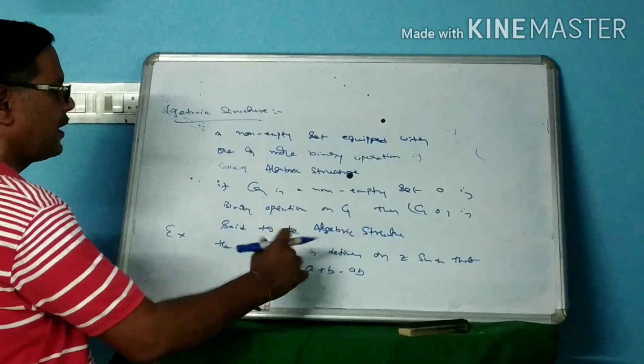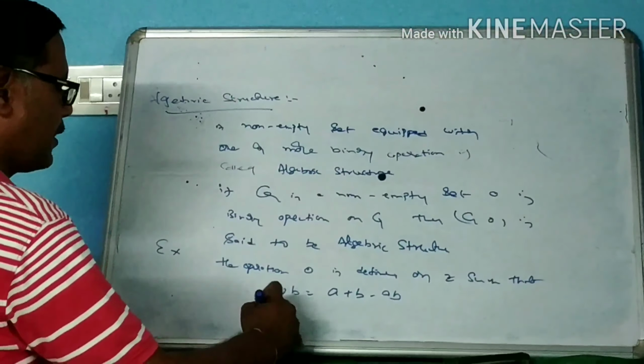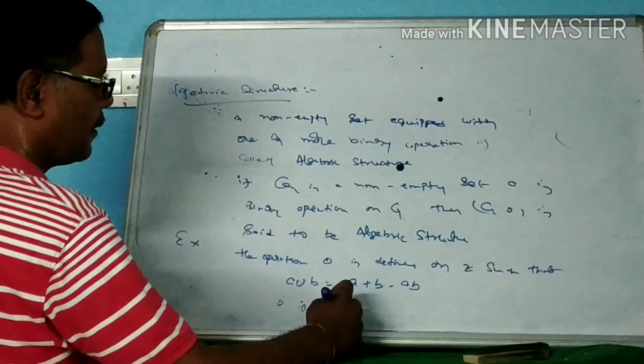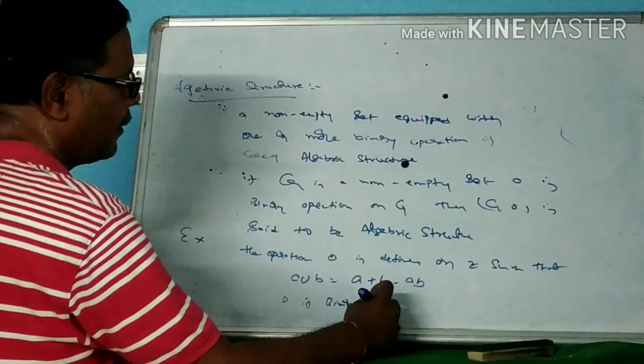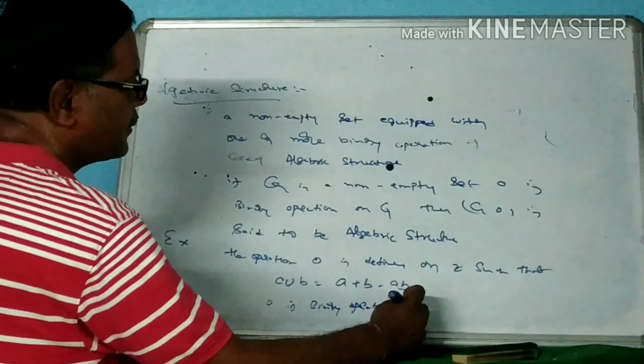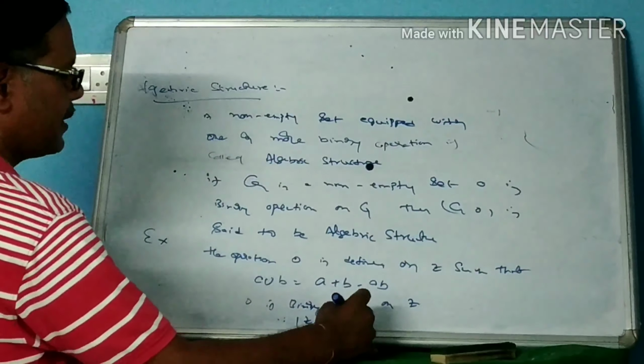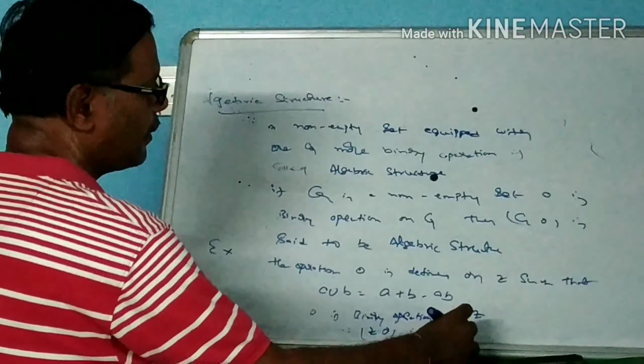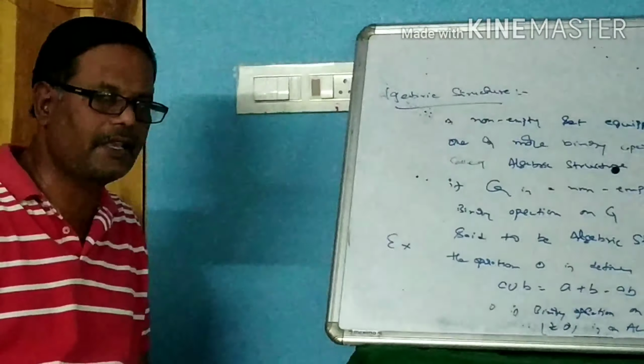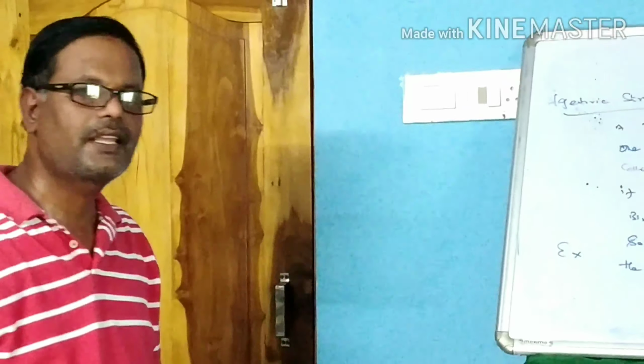Circle is a binary operation on Z. Therefore, (Z, circle) is an algebraic structure.